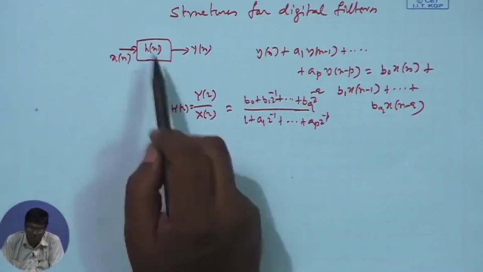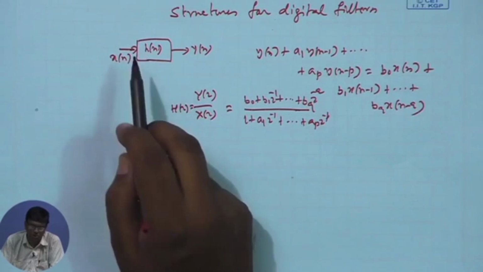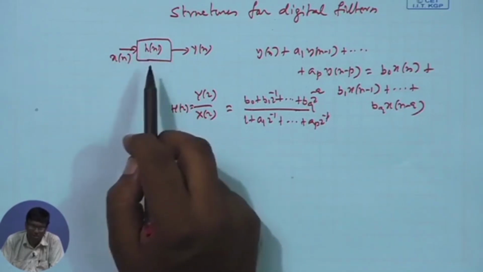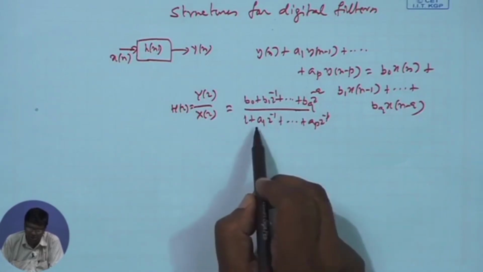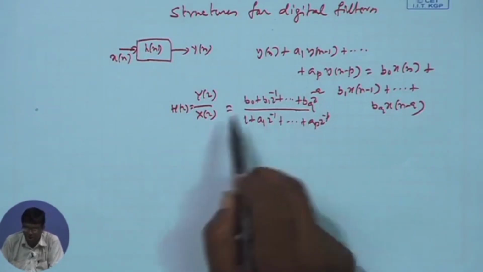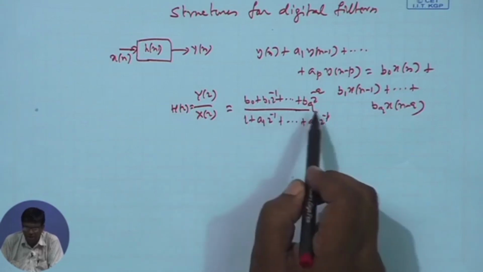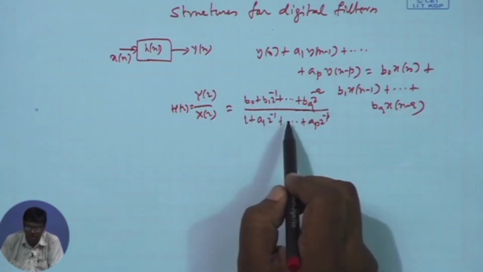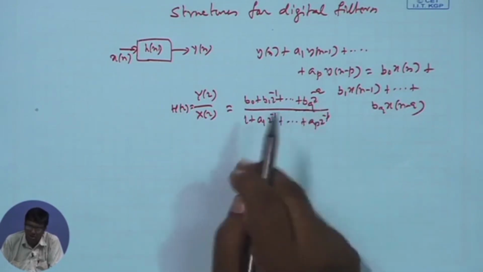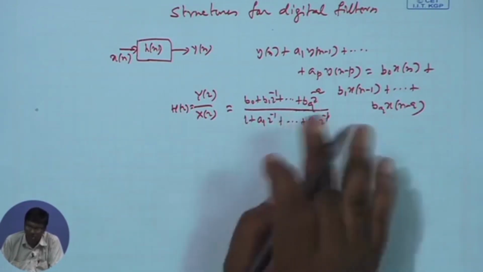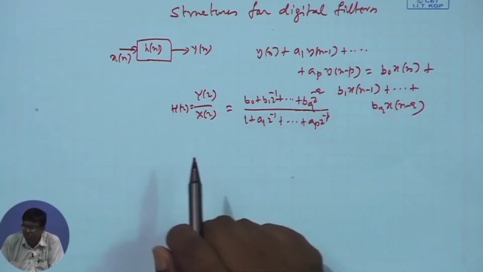But how to enforce that, how to make sure that your chosen h n really satisfies at least the stability part, in general it is not possible, but in this case, the rational system, by just choosing a 1 to a p appropriately, we have access to the poles, and the ROC is governed by poles. So, all the poles lie within the unit circle and the ROC is outside that, which contains the unit circle, and you can ensure stability and causality.